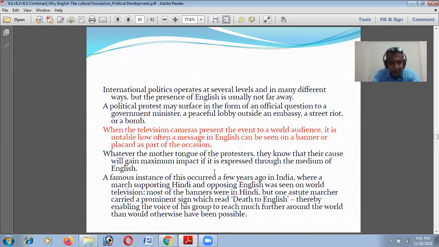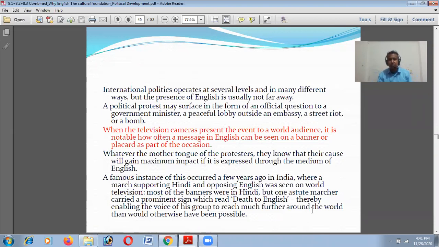But what would be the scenario? Whenever the mother tongue of the protester is used, they know that their cause will gain maximum impact if it is expressed through the medium of English. A famous instance of this occurred a few years ago in India, where a march supporting Hindi and opposing English was seen on world television.